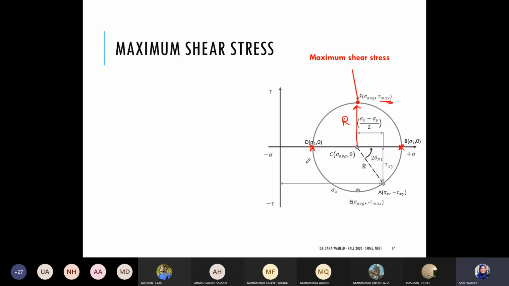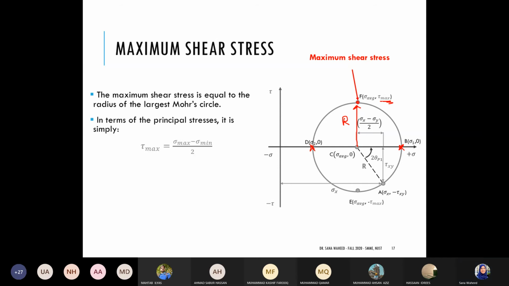And if I divide this diameter by 2, I'll get my radius and hence my tau max. So clearly from here, I can spot that tau max is equal to sigma 1 minus sigma 2, so that I get this whole length, divided by 2. So it's actually sigma max minus the minimum principal stress, divided by 2.